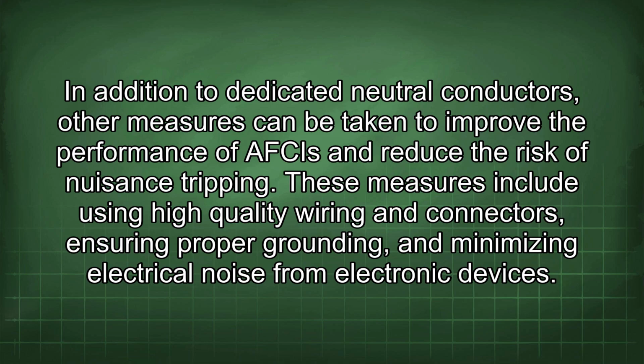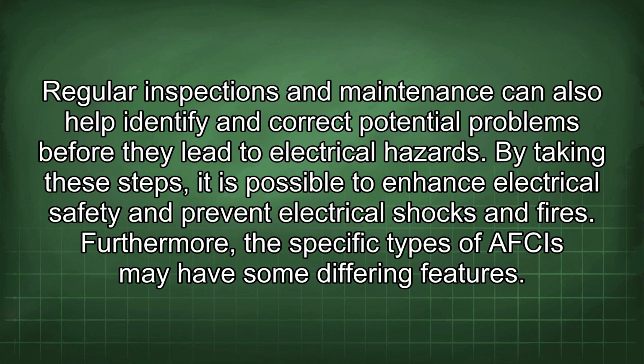These measures include using high-quality wiring and connectors, ensuring proper grounding, and minimizing electrical noise from electronic devices. Regular inspections and maintenance can also help identify and correct potential problems before they lead to electrical hazards. By taking these steps, it is possible to enhance electrical safety and prevent electrical shocks and fires.